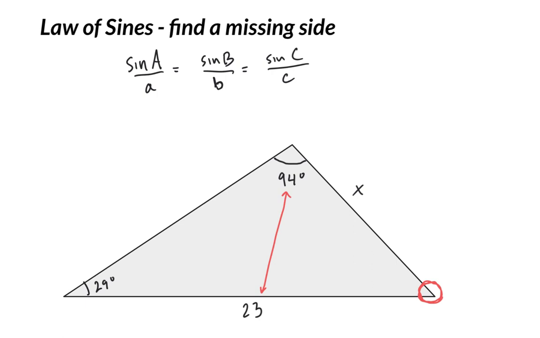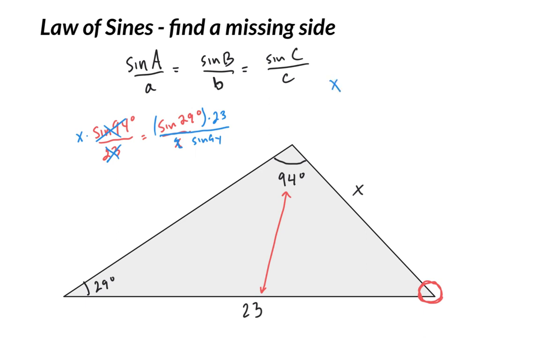So, we've got the sine of 94 degrees divided by 23 is equal to the sine of 29 degrees divided by x. Again, I would just multiply the 23 over here, multiply the x over here, and then divide both sides by the sine of 94 so that you have an x equals.